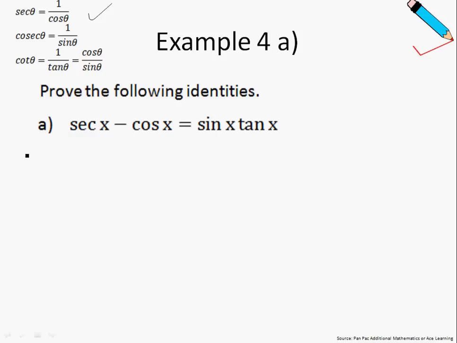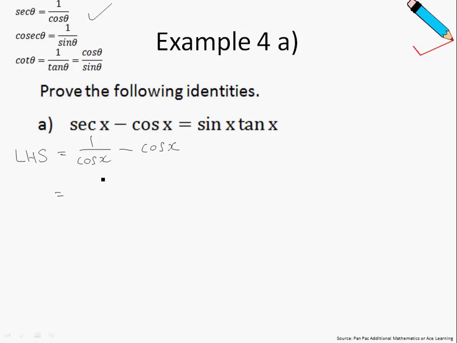To prove some identities, I will either move from the left hand side or the right hand side. Perhaps in this case, I will go from the left hand side. LHS stands for left hand side. So the left hand side is secant x, which is just 1 over cosine x, minus cosine x.